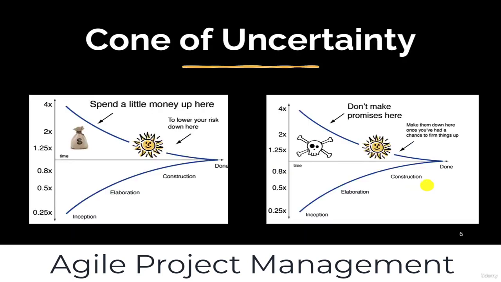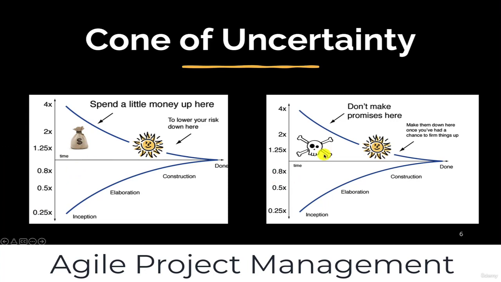So why do we need Agile life cycles? Why don't we keep using the sequential models like the waterfall or the V model? This is because of something that's called the cone of uncertainty. In any project, at the beginning of the project, the uncertainty is large, okay? You are not certain of your results.